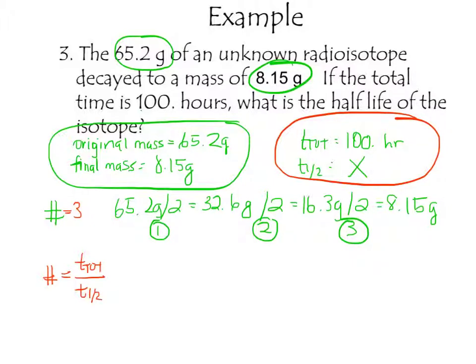And so in order to do that, you end up with t half is equal to the total time amount elapsed divided by the number of half-lives. So you would divide 100 hours by the number of half-lives, which is 3, and you should end up with 33.3 hours as your half-life time.